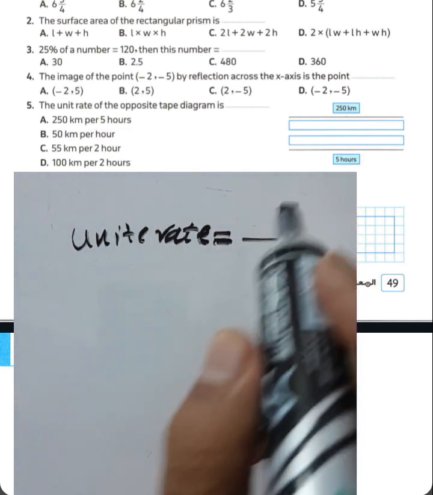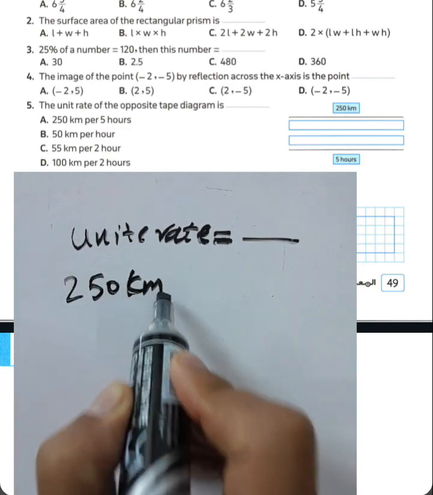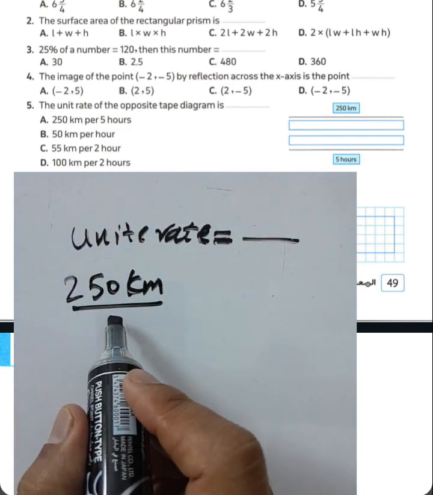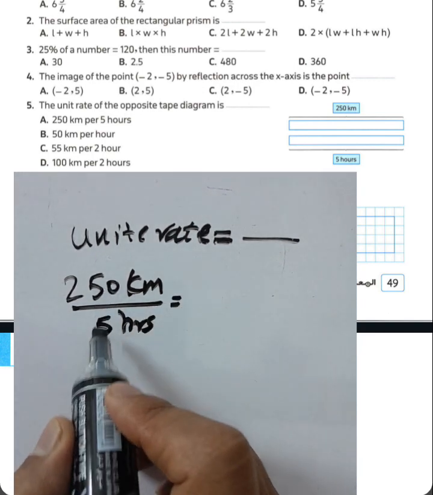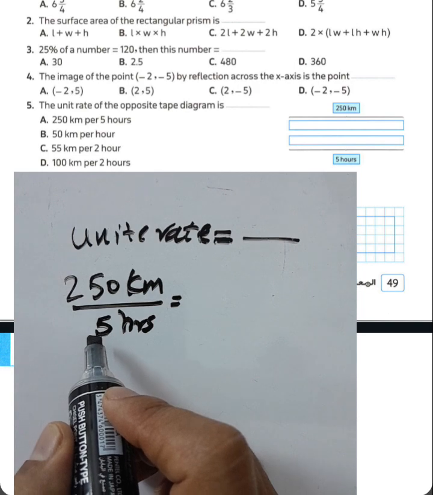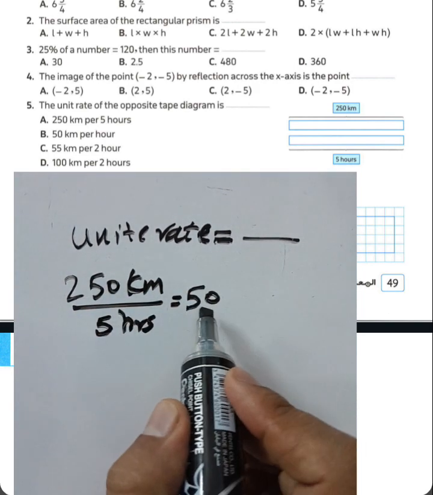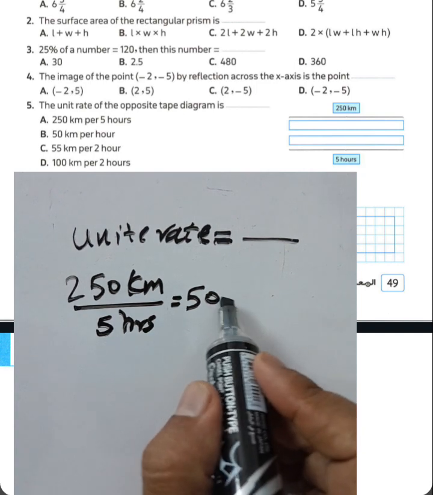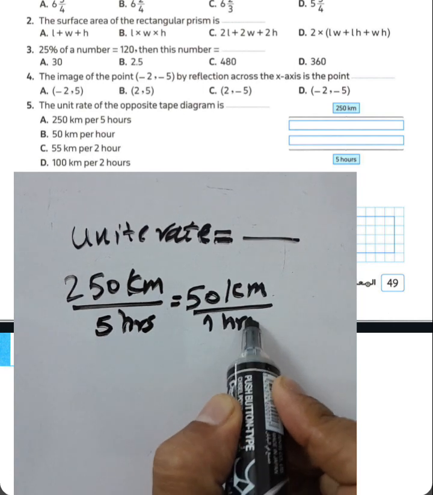We have 250 kilometers per 5 hours. Then we can simplify by dividing the numerator and denominator by 5. 25 divided by 5 equals 5, and then write 0 here. Then we have 50 kilometers per 1 hour.